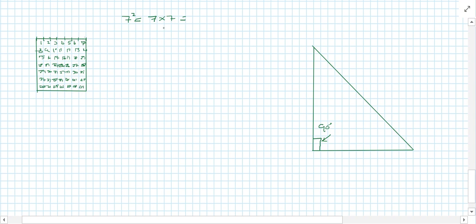So we have 49 squares here. So if we take 7 and we square it, that's what we mean.